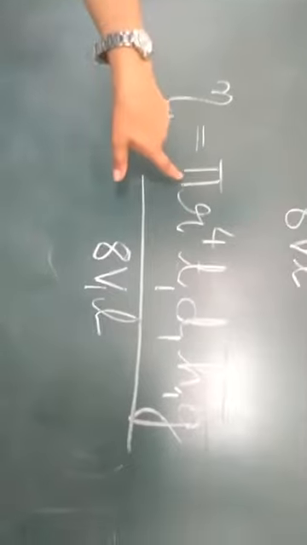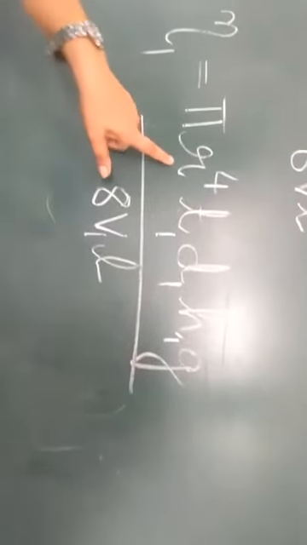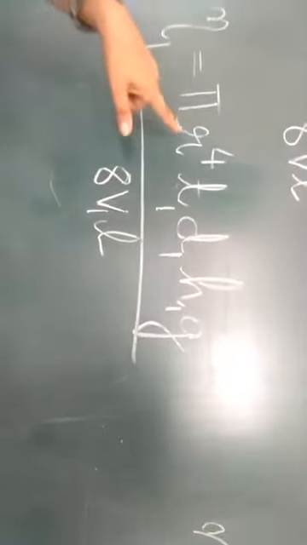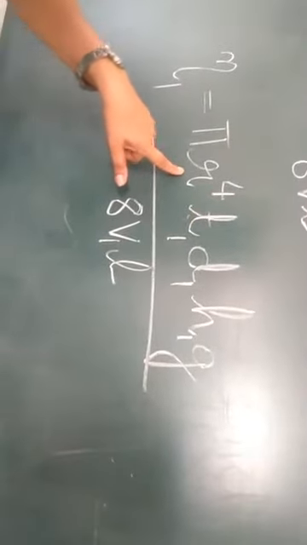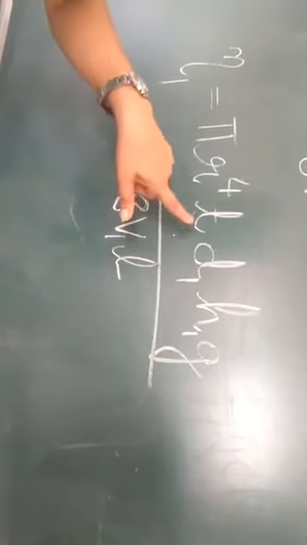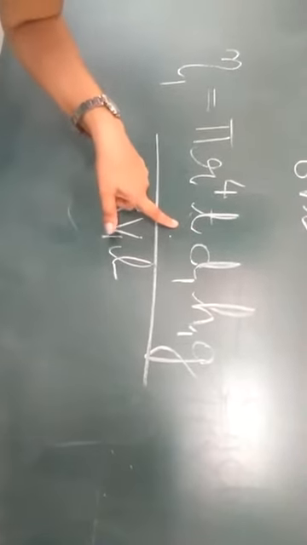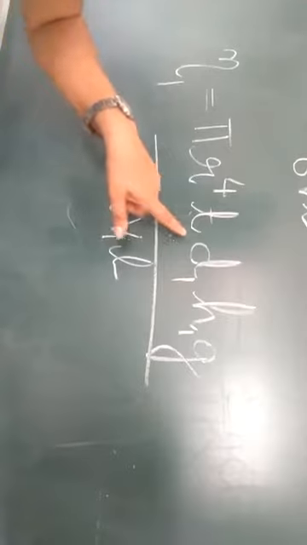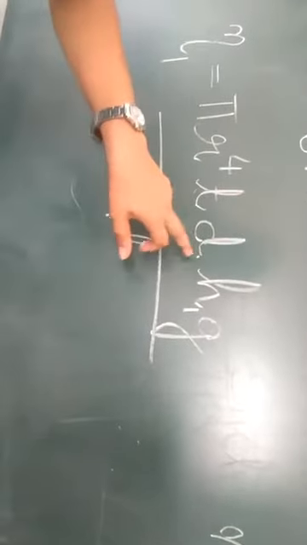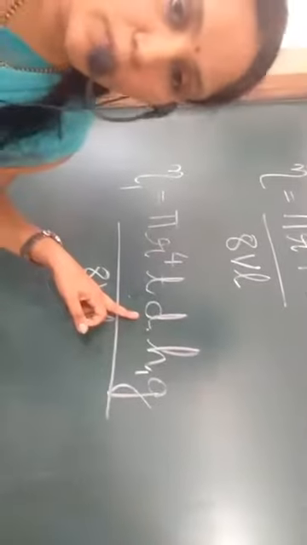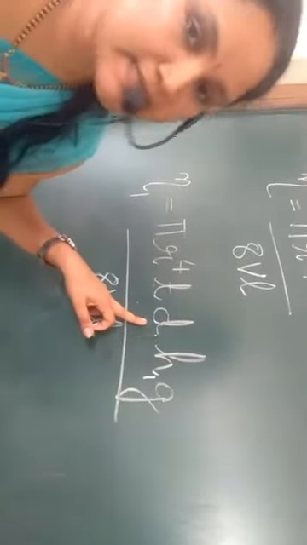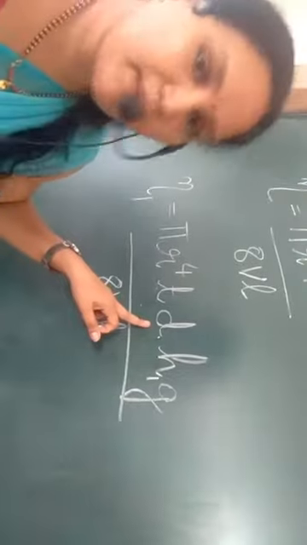The equation is pi r to the power 4. Pi is a constant. R is the internal radius of the bulb. T is the time taken by the liquid, which we have recorded. D is the density of the liquid taken, because whatever liquid we have taken has a density and the density will be given.